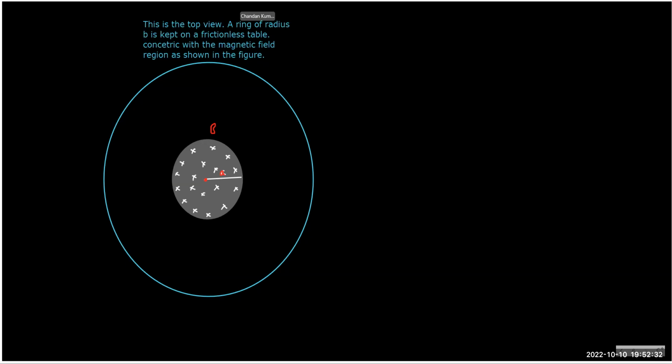The outer ring is given some charge Q. So this is insulating.